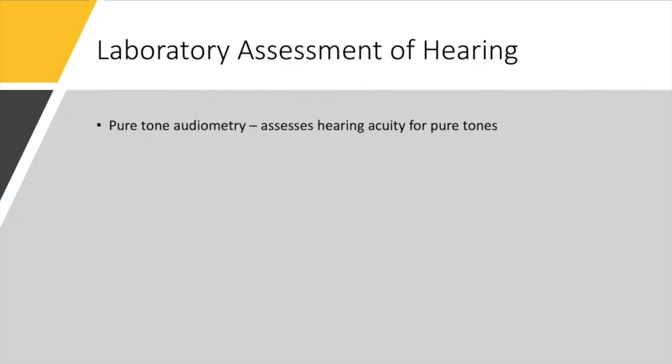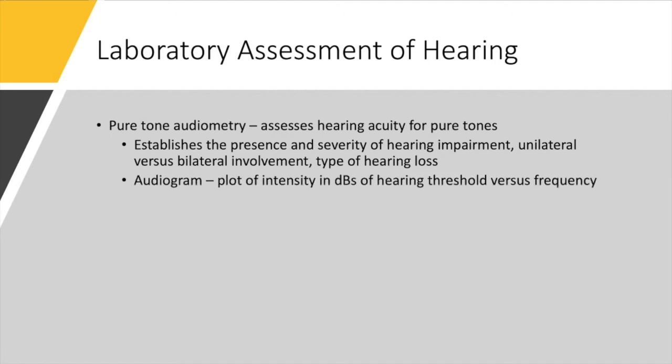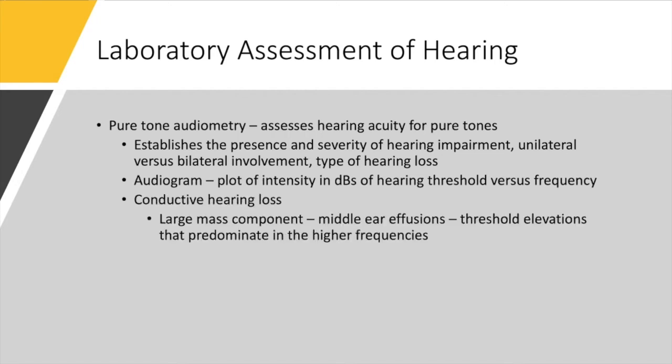Pure tone audiometry assesses hearing acuity for pure tones. It establishes the presence and severity of hearing impairment, unilateral versus bilateral involvement, and the type of hearing loss. An audiogram is a plot of intensity in decibels of hearing threshold versus frequency. Conductive hearing loss with a large mass component, as is often seen in middle ear effusions, produces elevation of thresholds that predominate in the higher frequencies.